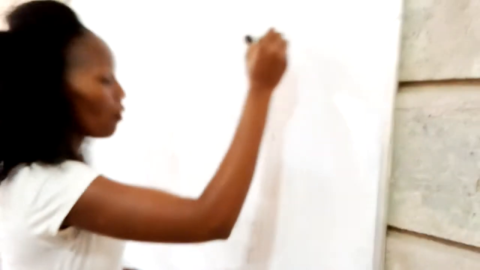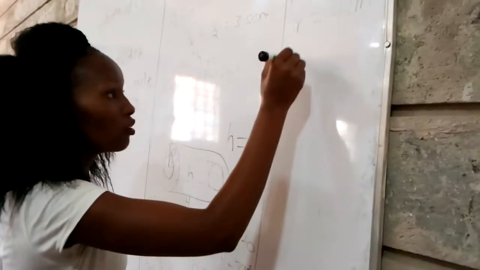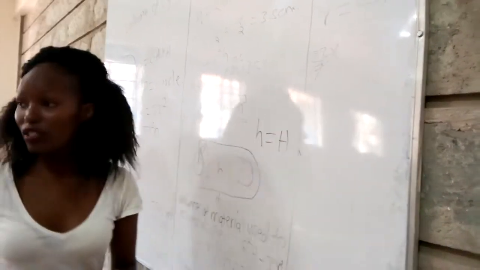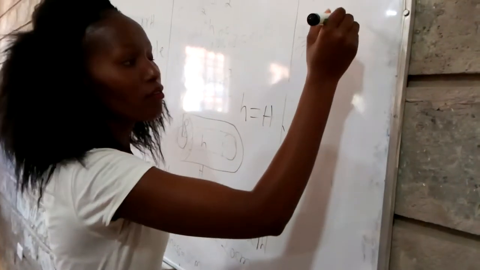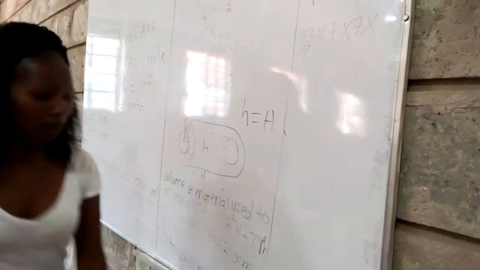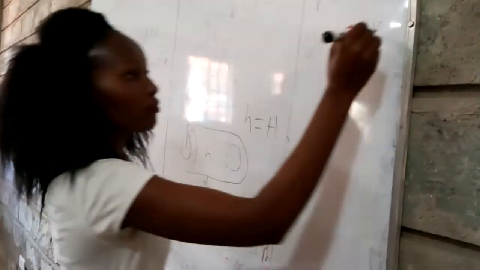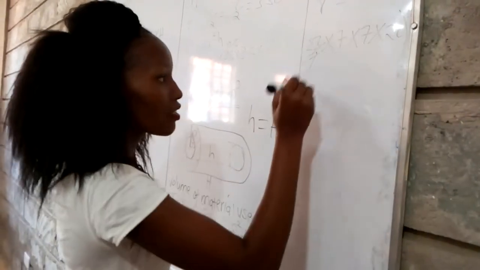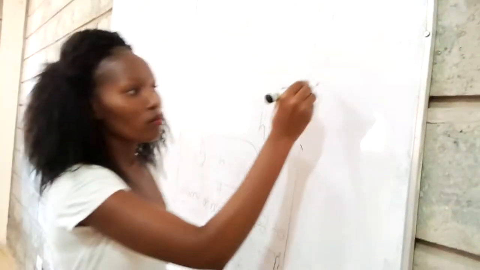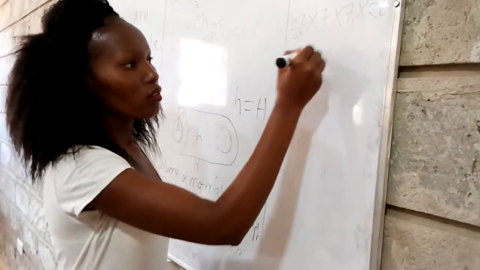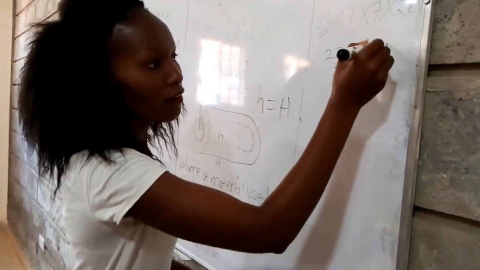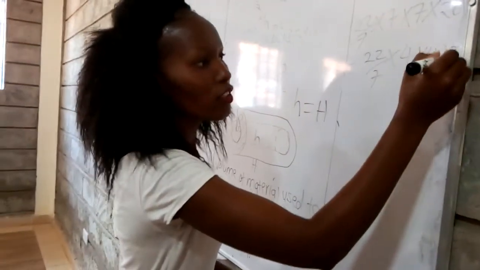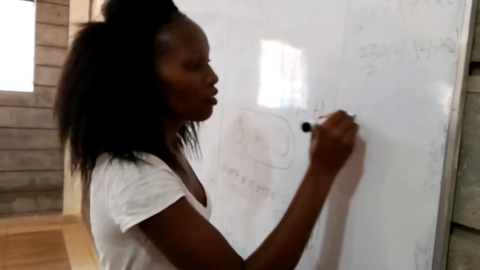We have pi, which is 22/7, times the larger R, 7 squared, times 20, subtract 22/7 times 4 squared times 20. What do you get?